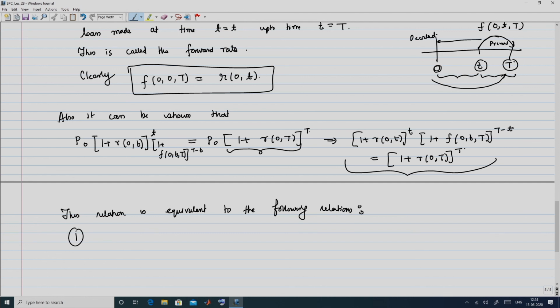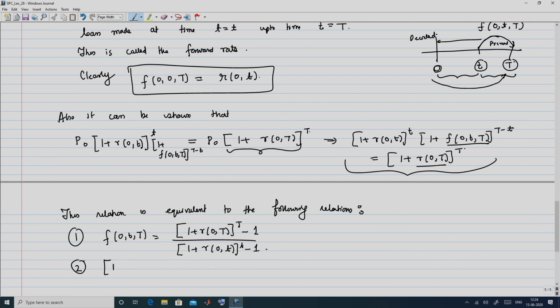So, the first one is I can solve this for f(0, t, T), and this turns out to be equal to (1 + r(0, T))^T divided by (1 + r(0, t))^t, all raised to 1/(T − t), minus 1. And the second relation will be for r(0, T).